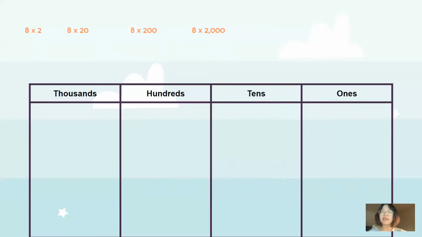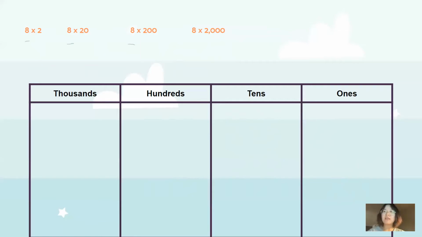So let's look at this one. So we have 8 times 2, 8 times 20, 8 times 200, and 8 times 2000. So what patterns do you notice? So for me, I notice all of the problems have 8 as the factor. So they all have 8.